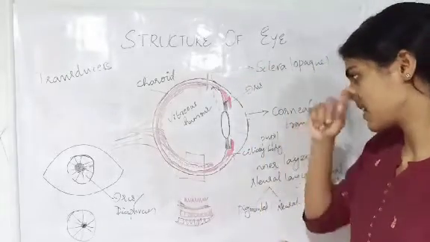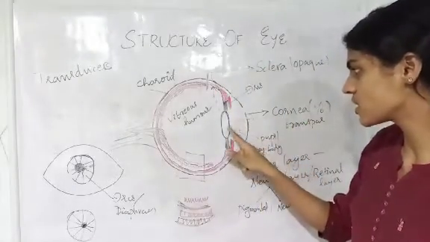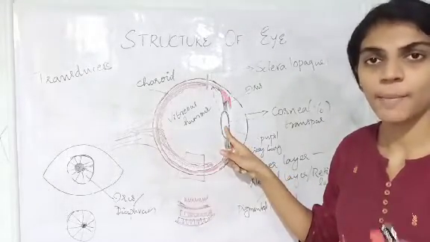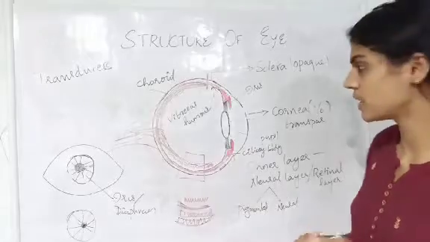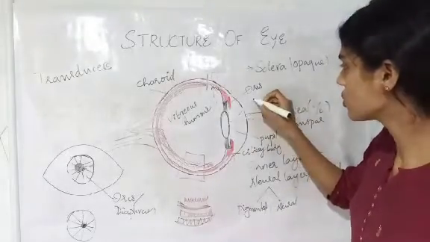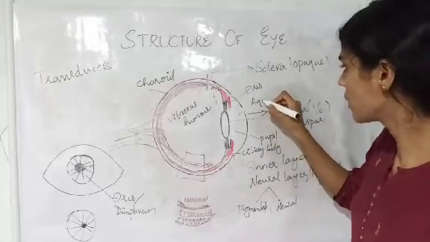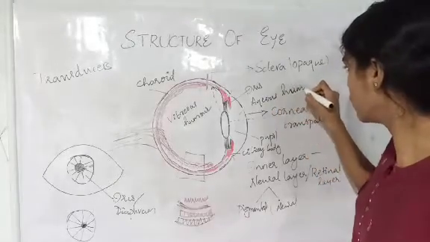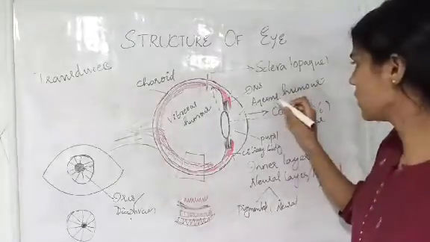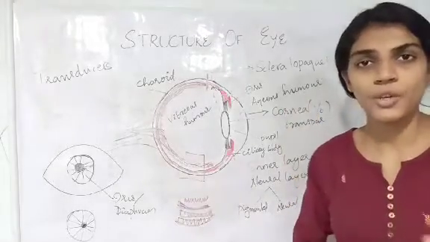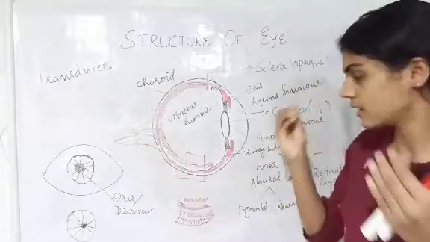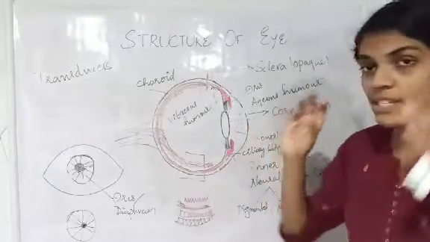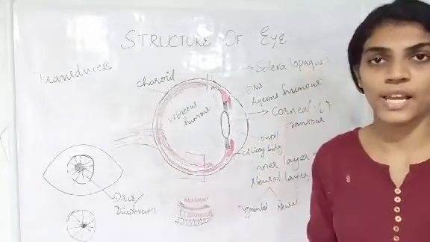Just in front of this lens, you can find another gel-like matrix known as the aqueous humor. Aqueous humor is the liquid or semi-liquid portion which you can see just in front of your lens.